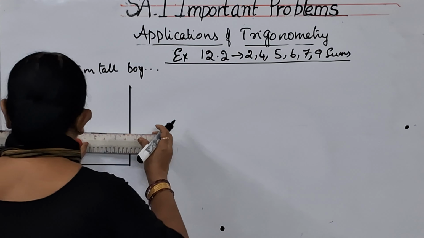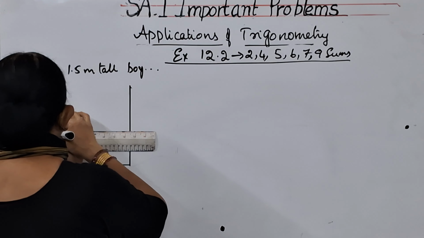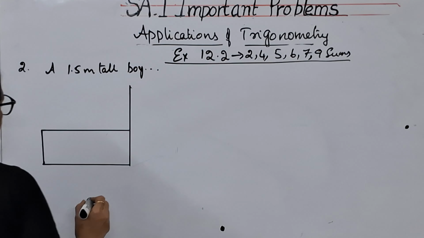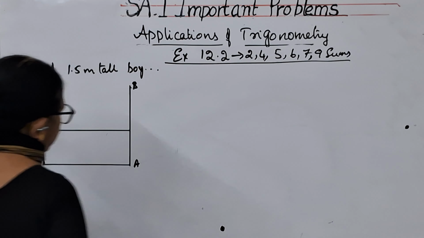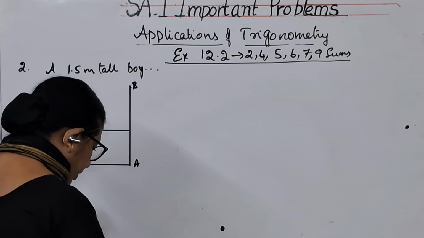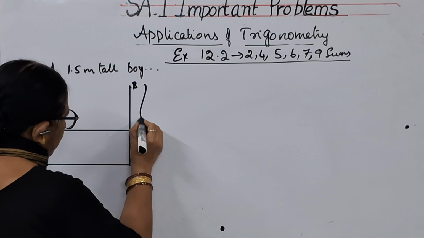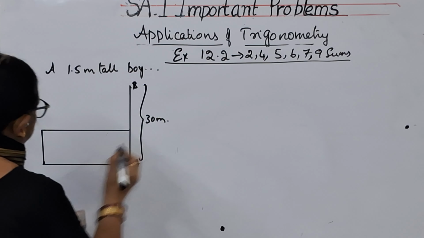He is observing from the top, no? So let me draw a line like this. Let us consider AB as the temple. They said it is 30 meters high. The total AB height is 30 meters.